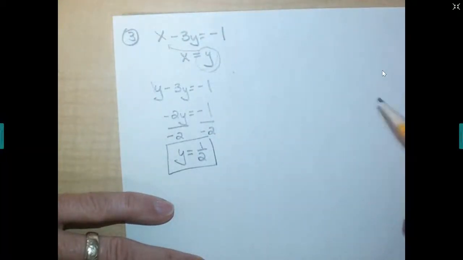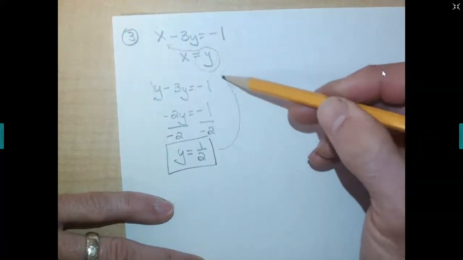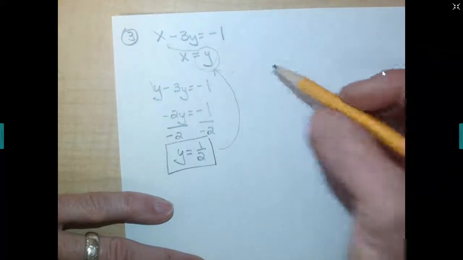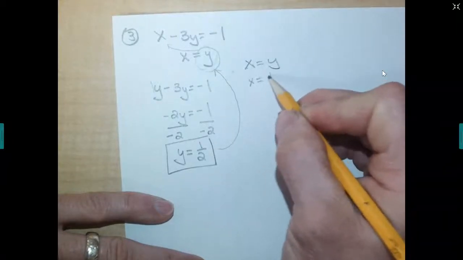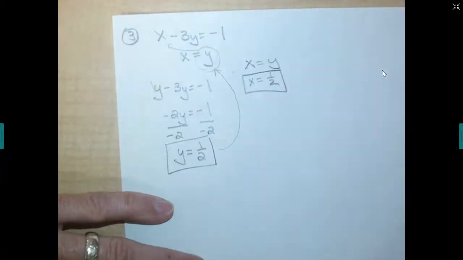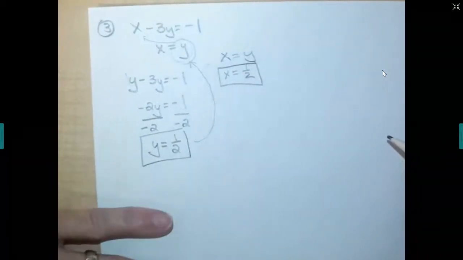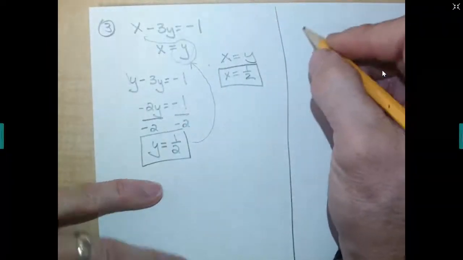We'll figure this out. So now I look at this: y equals x, or x equals y. x equals 1/2. There it is. Easier than it looked, but let's check and make sure I did it correctly.